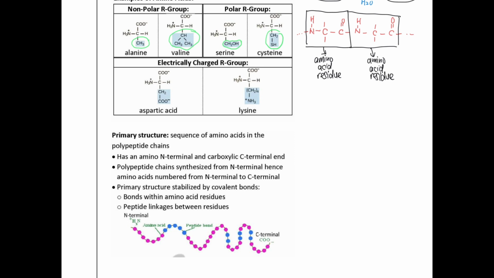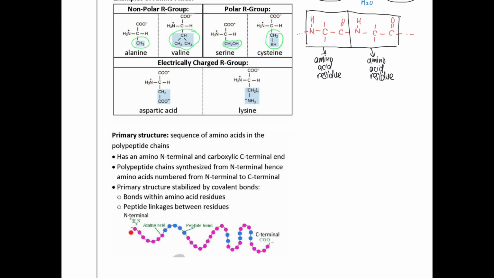For example, this is alanine, followed by valine, then serine, cysteine, and so on. How they join up is determined by genetics, and they join up to form a polymer. That polymer is something like this: one amino acid residue joins up with another residue, and so on. When they join up like that, we call that the primary structure.